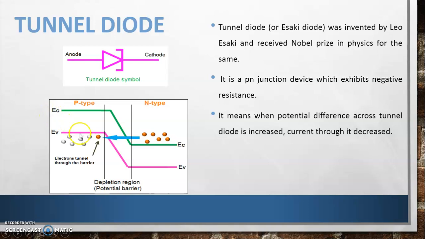Though there is a potential difference, still some electrons from the n side to the p side are tunneling through that barrier.